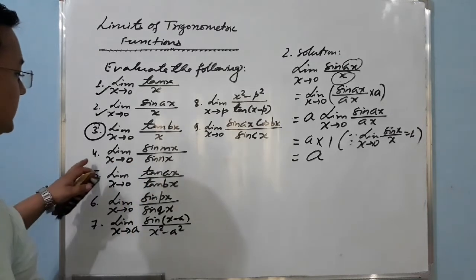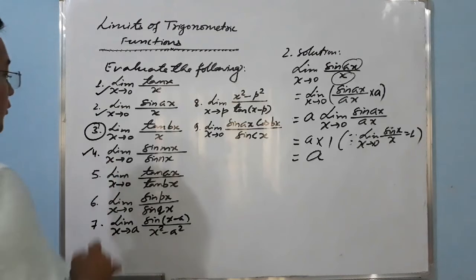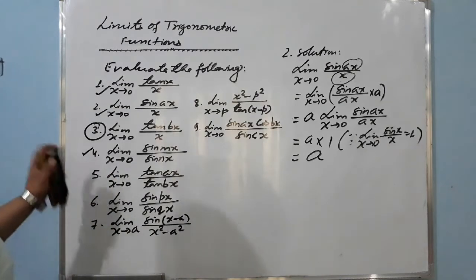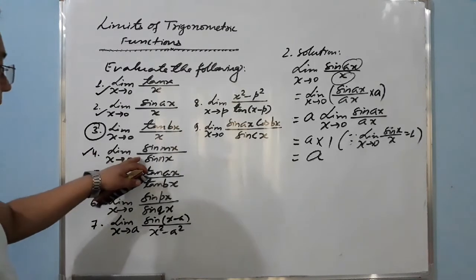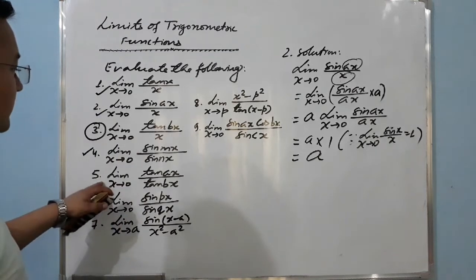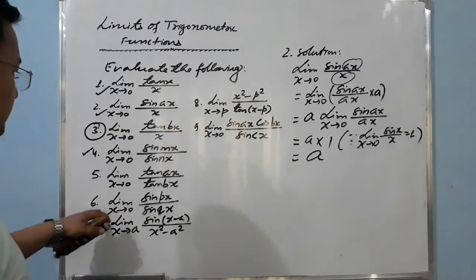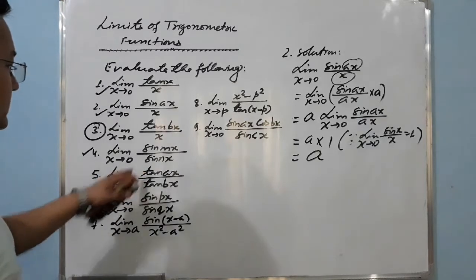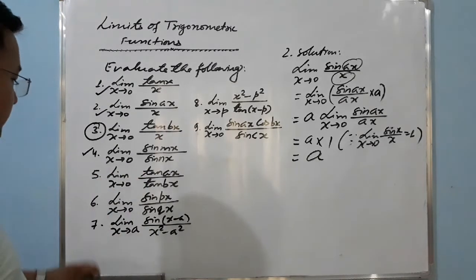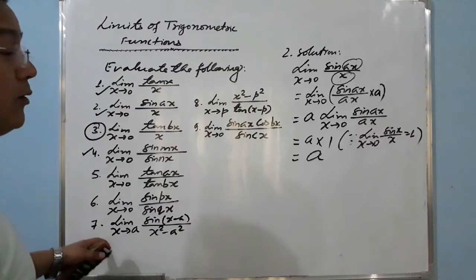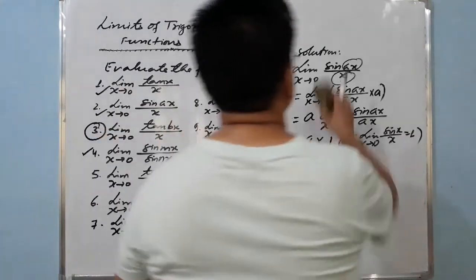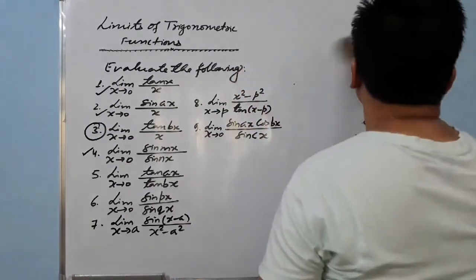Now I'm going to tell you this one, and for this number, I will do it. This one, same type of question, you will do, and this one also you can do. If I do this question, same type of question, then I'll tell you number 7. So let's find out.